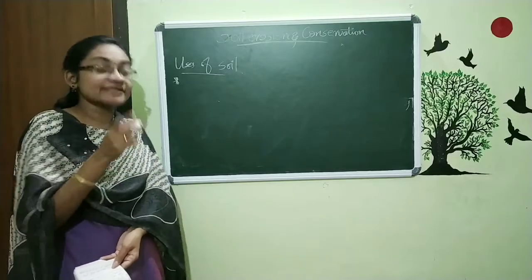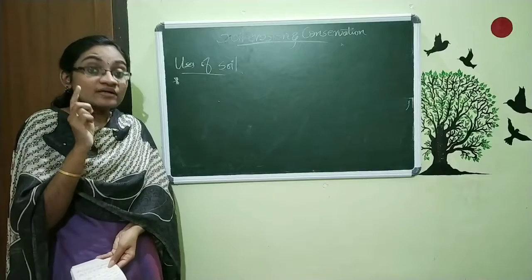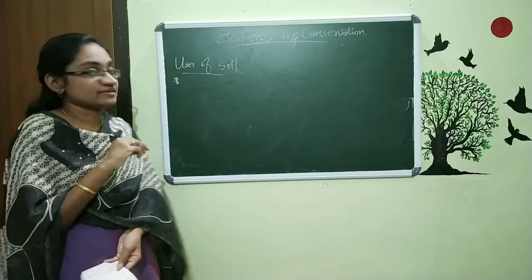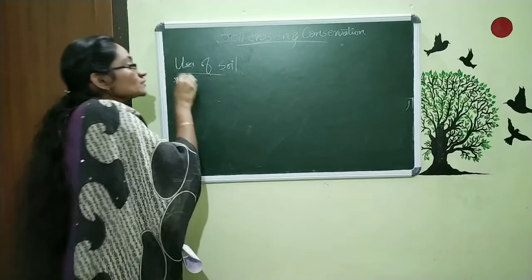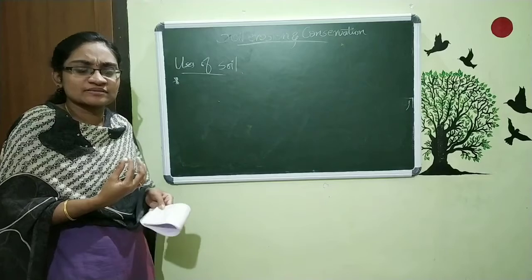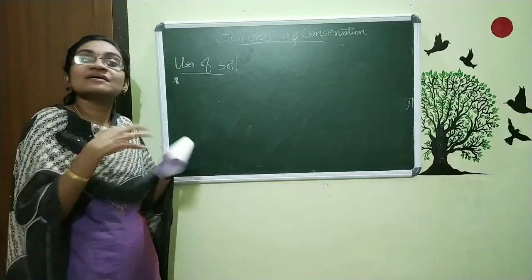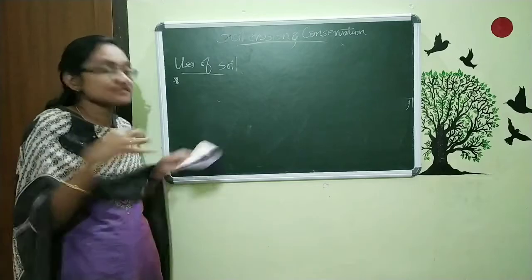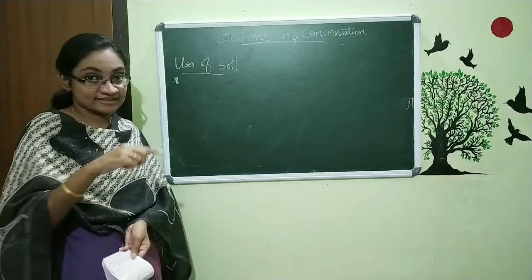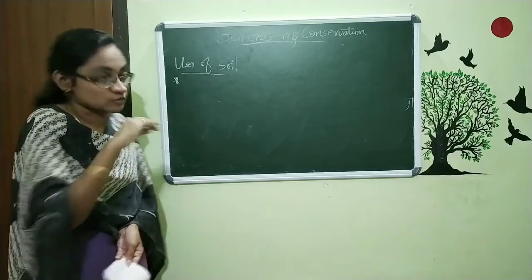Within that, we said air is there, water content is there, and at that time we mentioned the microorganisms. Now we will talk about the microorganisms. What are these microorganisms doing? These microorganisms decompose the dead matter that is there in the soil, so that provides fertility for our soil.